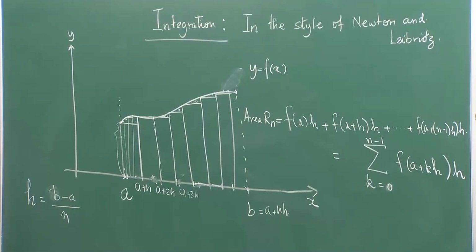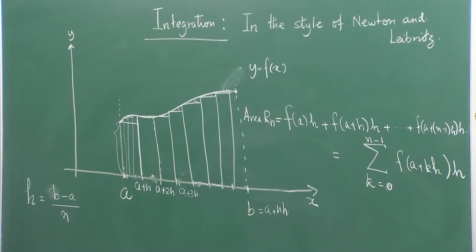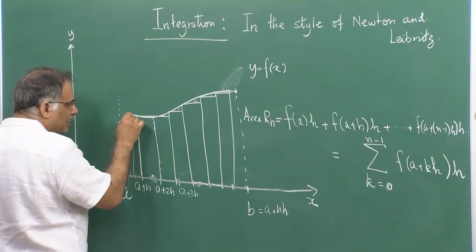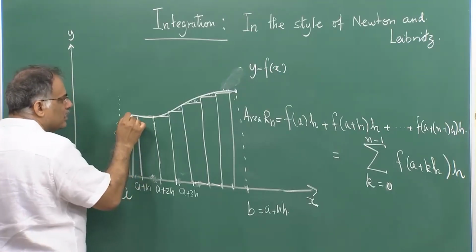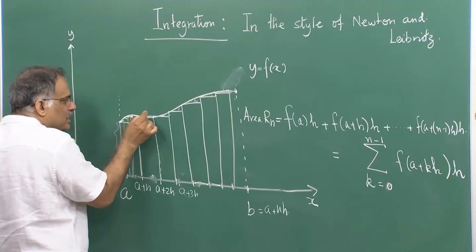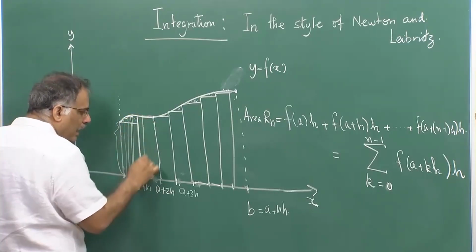Now you say, okay, well, where is your overestimation, underestimation in that form? Doesn't matter. We can see that if we just keep on doing this and make n increasingly large, this underestimation or overestimation gets smaller and smaller.